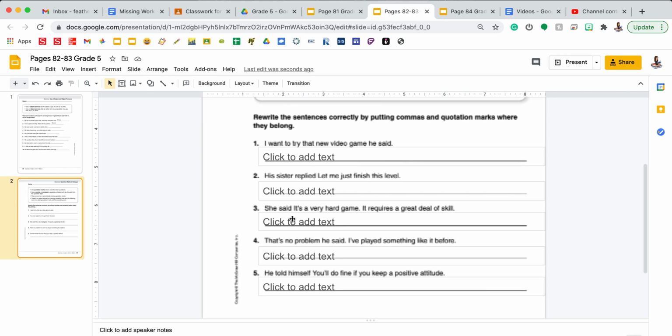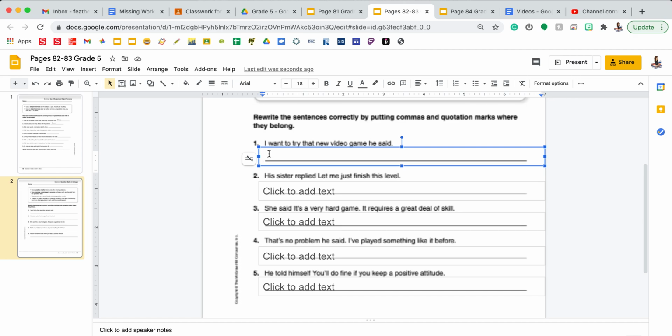So number 1 says, "I want to try that new video game," he said. So he is talking in this sentence, and I need to show what he said. His direct quote is, "I want to try that new video game." So I'm going to start my sentence with quotation marks.